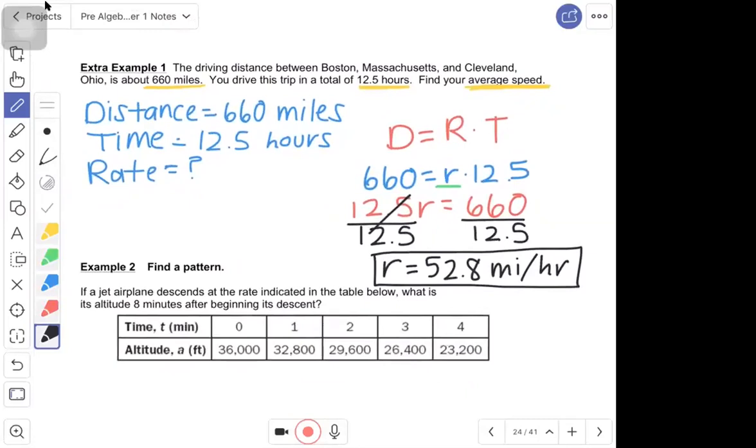Being in the car for 12.5 hours sounds like a really long time for me. Has anyone been in the car for that long? Yeah. 12 hours? 15 hours. Where did you go? I've been in the car 22 hours because I drove to Disney one time. Oh, wow. It was so horrible. I bet. I drove 36 hours to Houston.